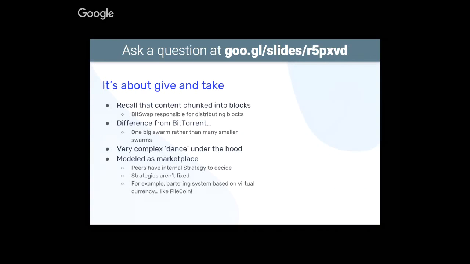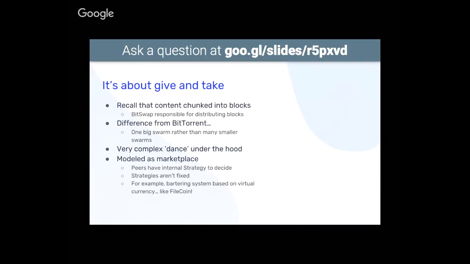Now, on top of all of this, we actually have a pretty complex dance among peers when we're exchanging blocks. And this block exchange is essentially modeled as a marketplace for data exchange or data bartering. And each peer that is participating in this BitSwap marketplace has some internal strategy, just like humans interacting in a marketplace, that they use to decide if they will exchange content with any other peer that they are connected to.